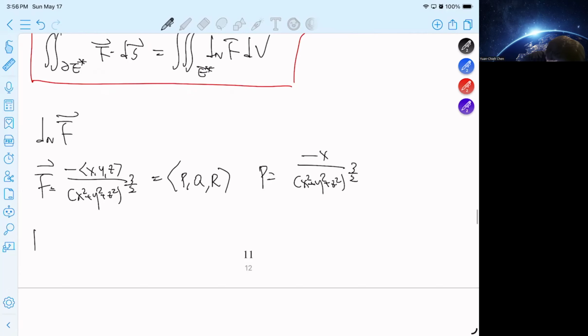For Px, we have to use the quotient rule, since both the numerator and denominator have x.